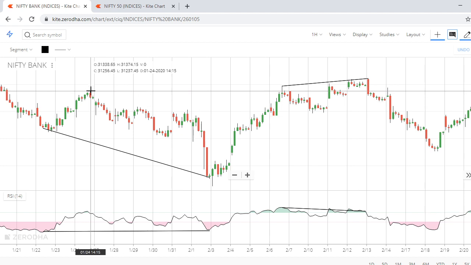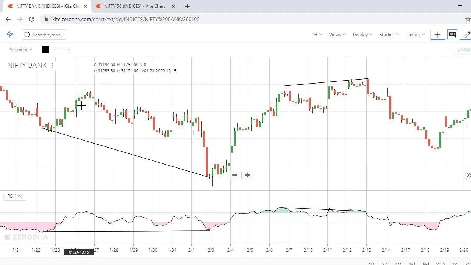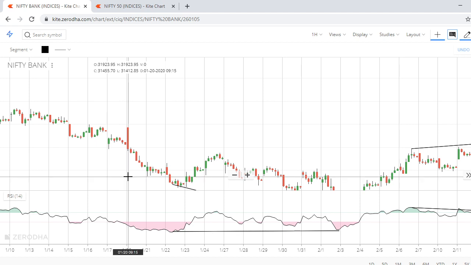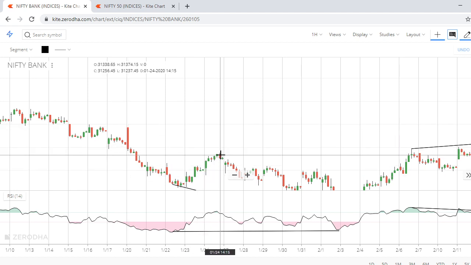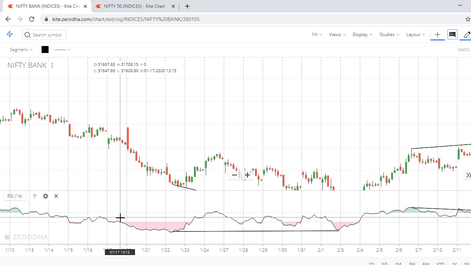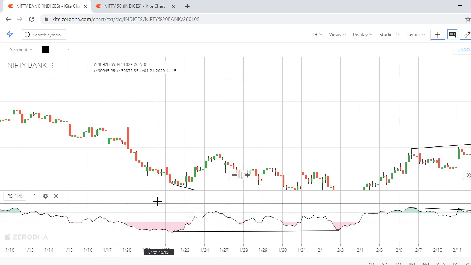Yes. One is good. Price coming down, and RSI is up. Yes.